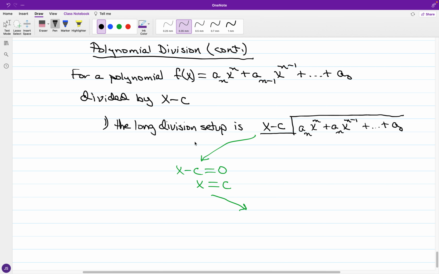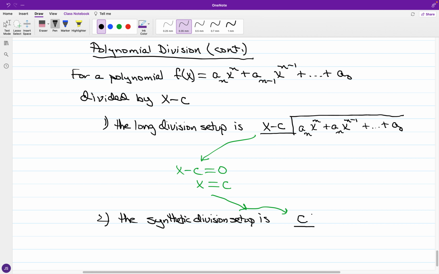And if this is the long division setup, we're going to have what's referred to as synthetic division. Now for this arrangement, we have c boxed or isolated.